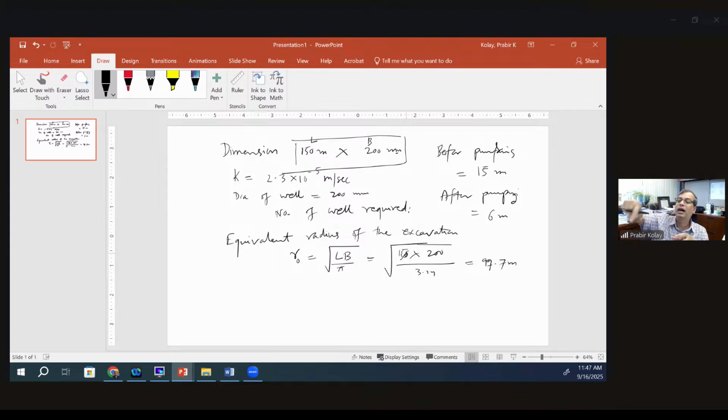Now we need to calculate the radius of influence, which I already mentioned in the PowerPoint slides.